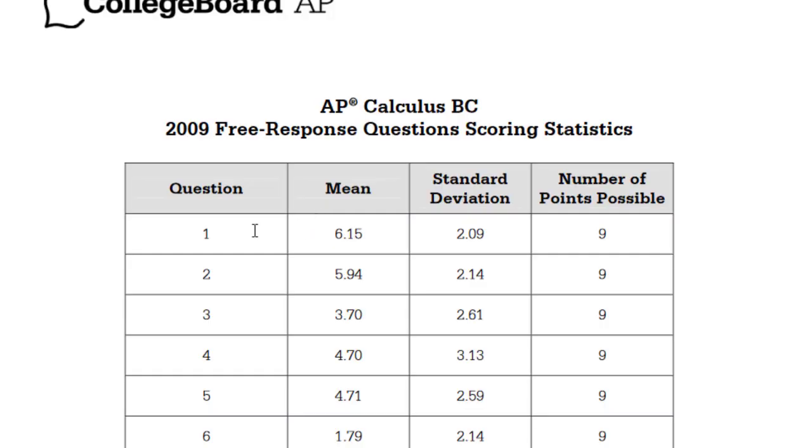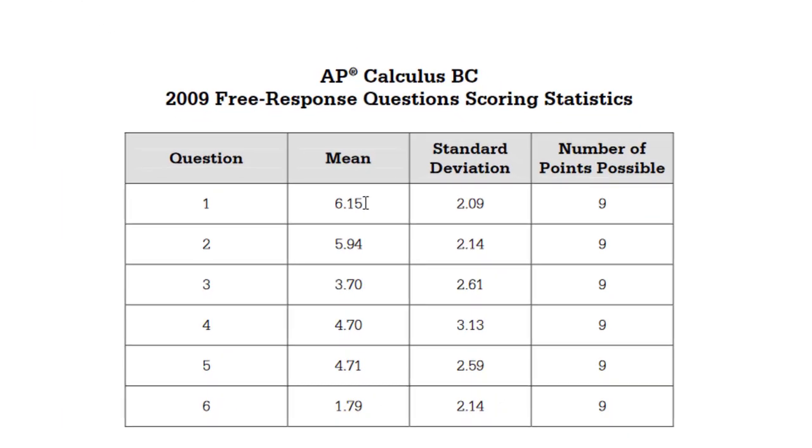If I just click on scoring statistics, question number 1 had a mean of 6.15. Each question is worth 9 points, so the average person had 6.15 points out of 9, and if you beat the average, you're well on your way to getting a 5 on the AP exam.